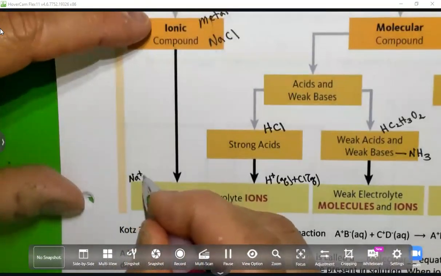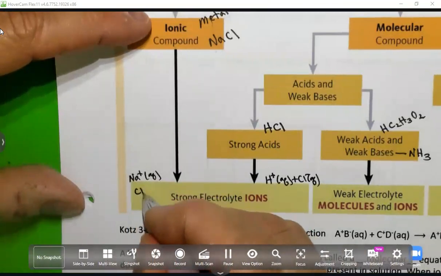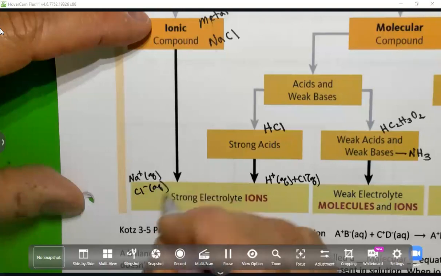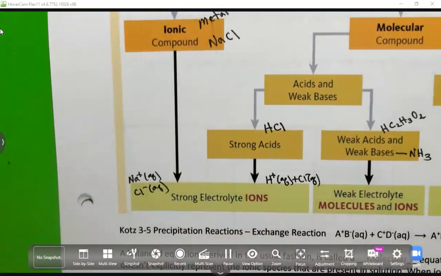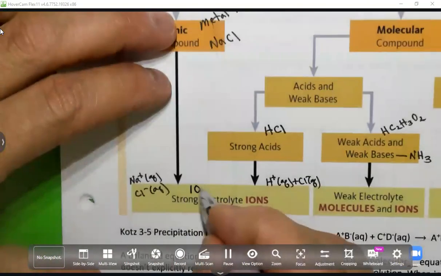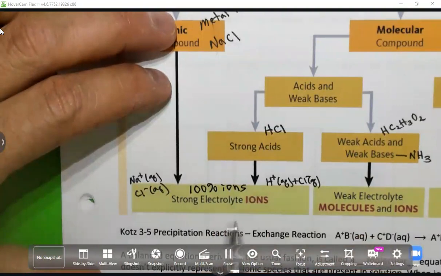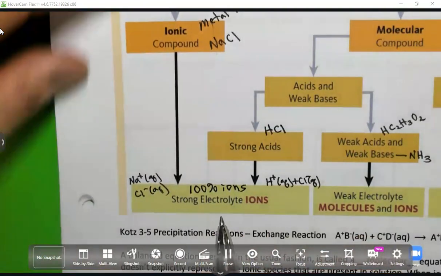You would get Na plus, aqueous, and Cl minus. Strong electrolyte, 100% ions produced.